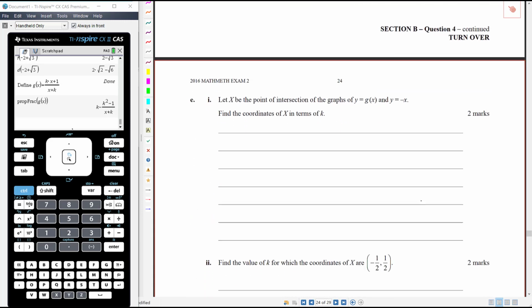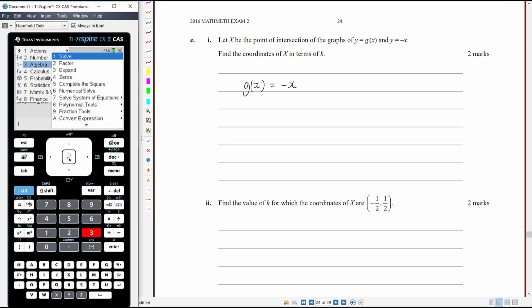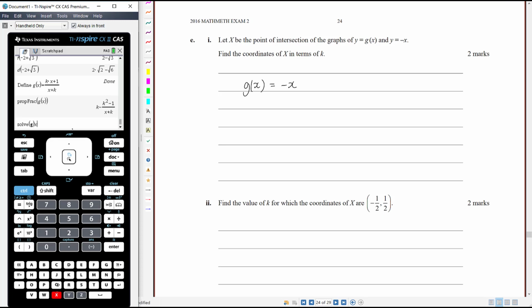Okay, E. Let X be the point of intersection of the graphs of y equals g of x and y equals negative x. Find the coordinates of X in terms of k. Okay, so we simply want to solve g of x equal to negative x, so let's do that on our CAS. Let's solve g of x equal to negative x for x.